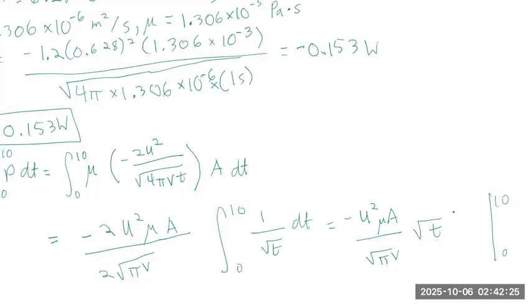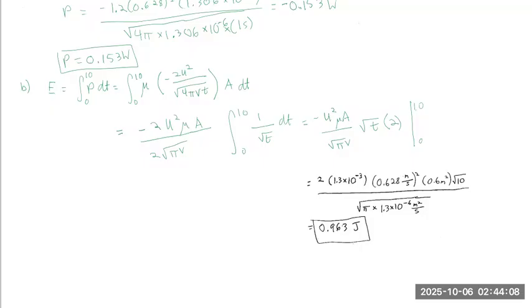But we have to multiply it by a 2 because when we differentiate square root of t, we're going to have an additional coefficient of 1/2. So basically, we have negative, but we want the magnitude, so the answer is 0.963 joules.